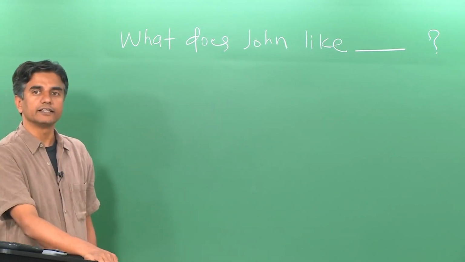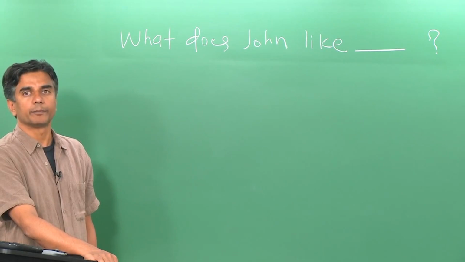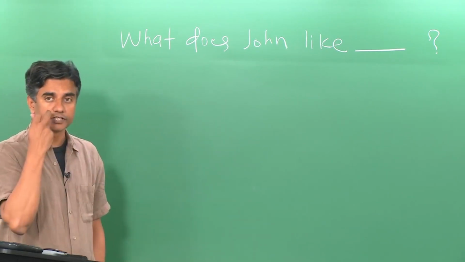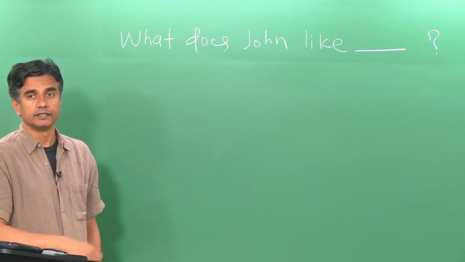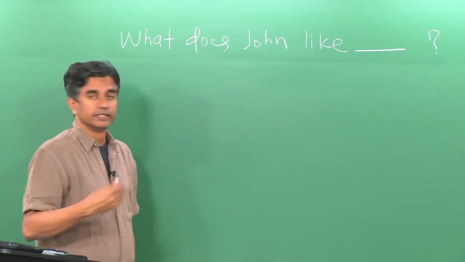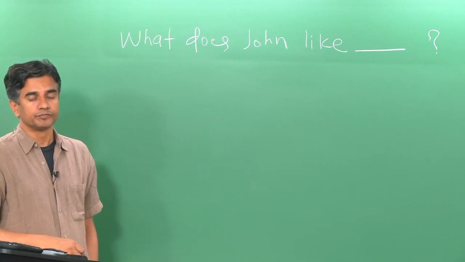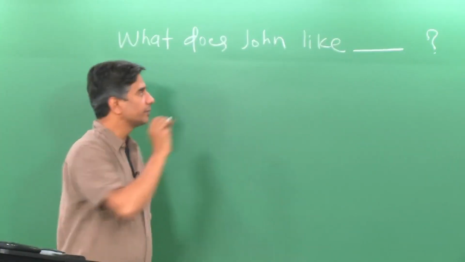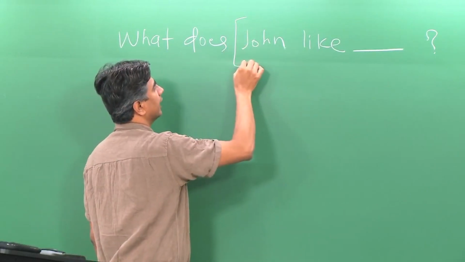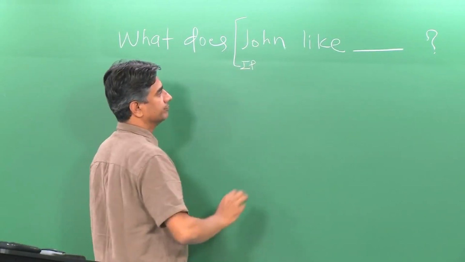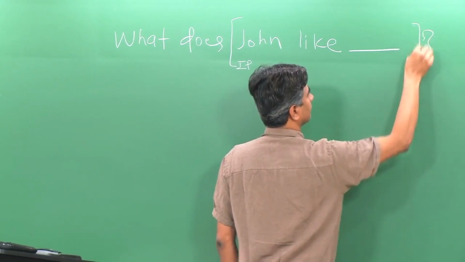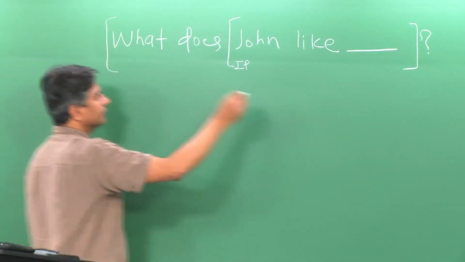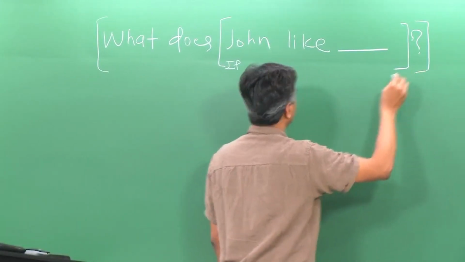How do we understand this sentence, and how do we represent this sentence in the phrase structure, and such a representation is going to help us understand the displacement of some elements in a sentence. So how do we represent this sentence? Please keep in mind that this was our IP. And when we have this, it's certainly beyond IP.